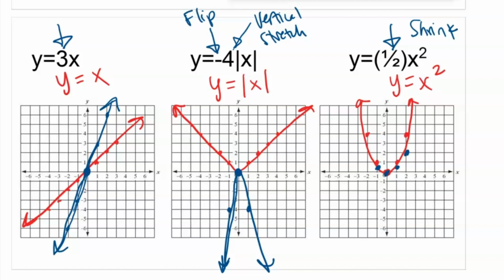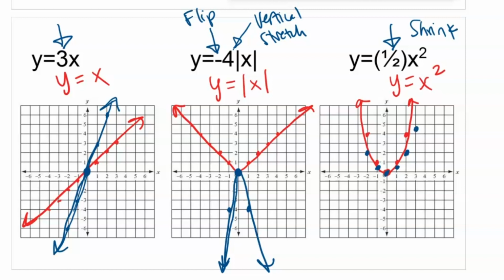Over 2, up 2. I'll put some more points because now it's reduced to half the size, so I can fit more points. So normally on the parent function, you would go over 3, up 9, because 3 squared is 9. So now we're cutting that number in half. So going over 3, now I'll go up half of 9, which is 4.5.